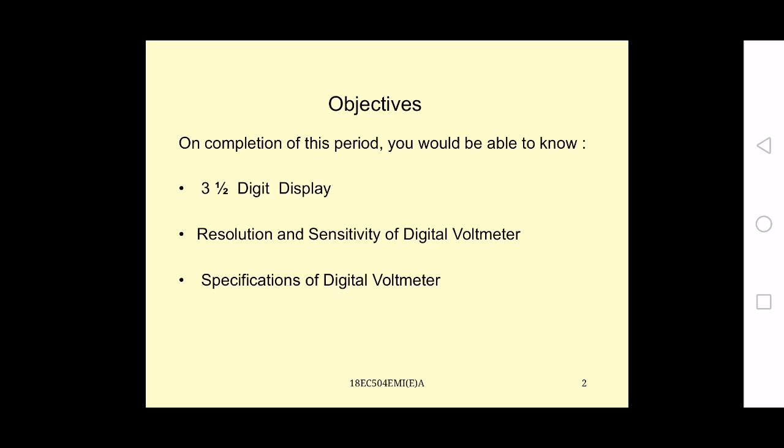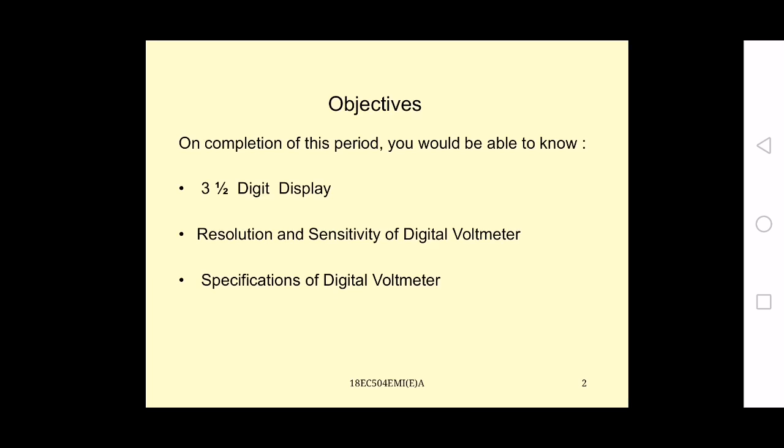Digital voltmeter is a versatile digital instrument. In digital instruments, for measuring voltage we have the digital voltmeter. For measuring frequency we have the digital frequency meter, and for measuring components like inductance, capacitance and resistance we have the digital LCR meter.